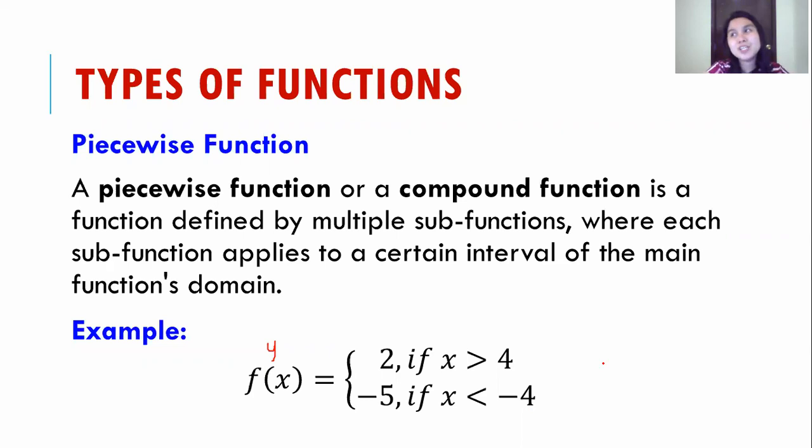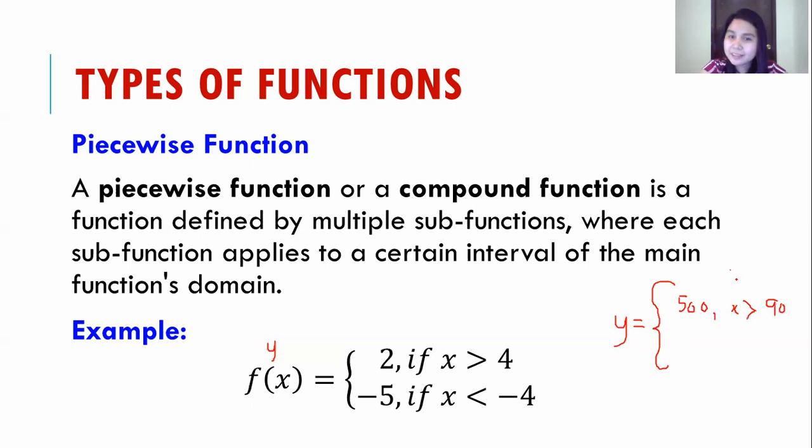Or let me share to you some real-life applications. Sometimes your parents will tell you, okay, we will have a condition for your allowance since we have an online class this time. Your allowance will be 500 if the grade, let x be our grade, is greater than 90.